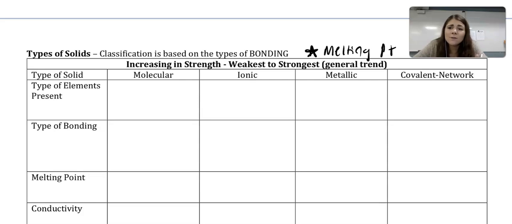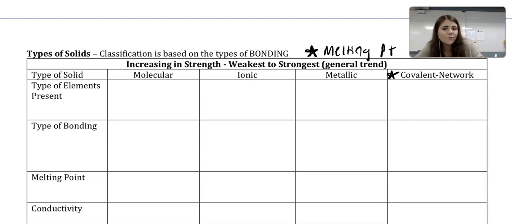And you have to think about the types of solids. They're going to be looking for, did you classify the correct type of solid? Molecular, ionic, metallic, covalent network, okay? This is increasing in strength left to right, weakest to strongest. And again, this is a general trend, okay? We probably have not heard about covalent networks, so that's probably going to be our most confusing one.